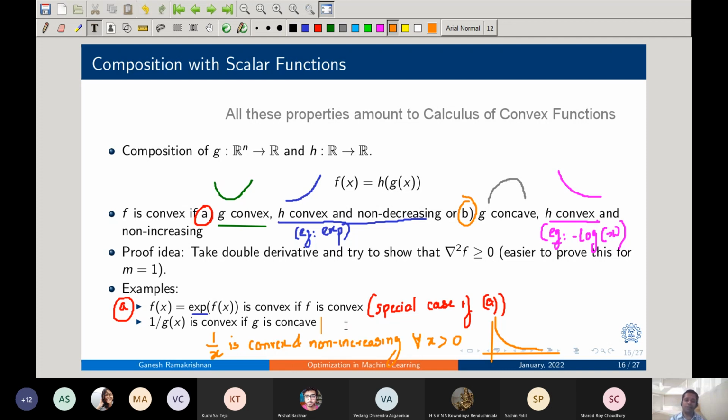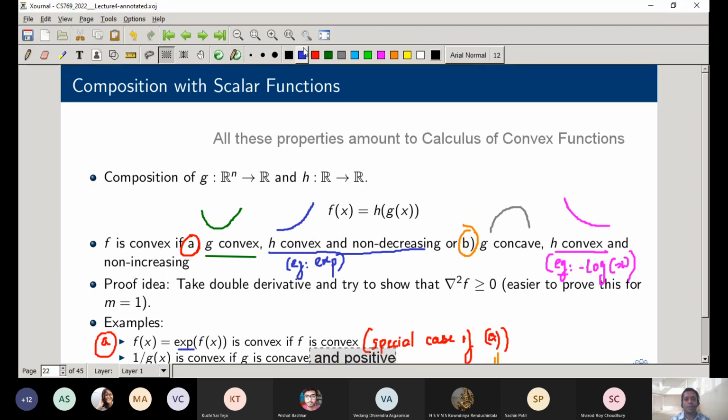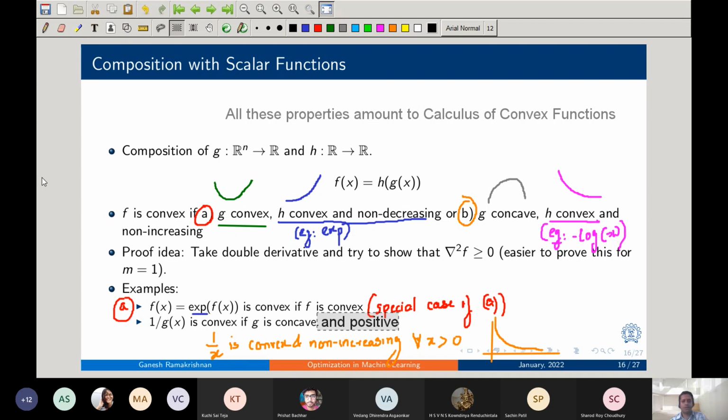Now, if G is negative, then what happens? Will this not hold? Just put positive. So if G can turn out to be negative, will this not hold? Yes.